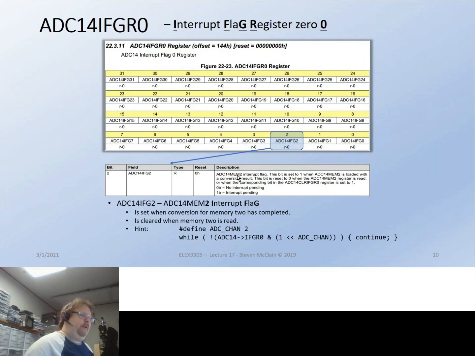Okay, magic bit of code there. So we have a certain channel number, 2 or whatever, and I want to wait for the sample to be done. I'm going to read this interrupt flag 0 register, and I'm going to AND it with a 1 shifted by 2, since I'll be on channel 2.